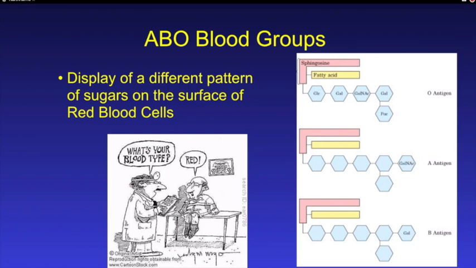It's just absent one sugar, but having this sugar or that sugar, if you place B blood in an A person, this will be detected as being foreign, and vice versa, and you can have rejection. And it is very dangerous to add blood of the wrong type.